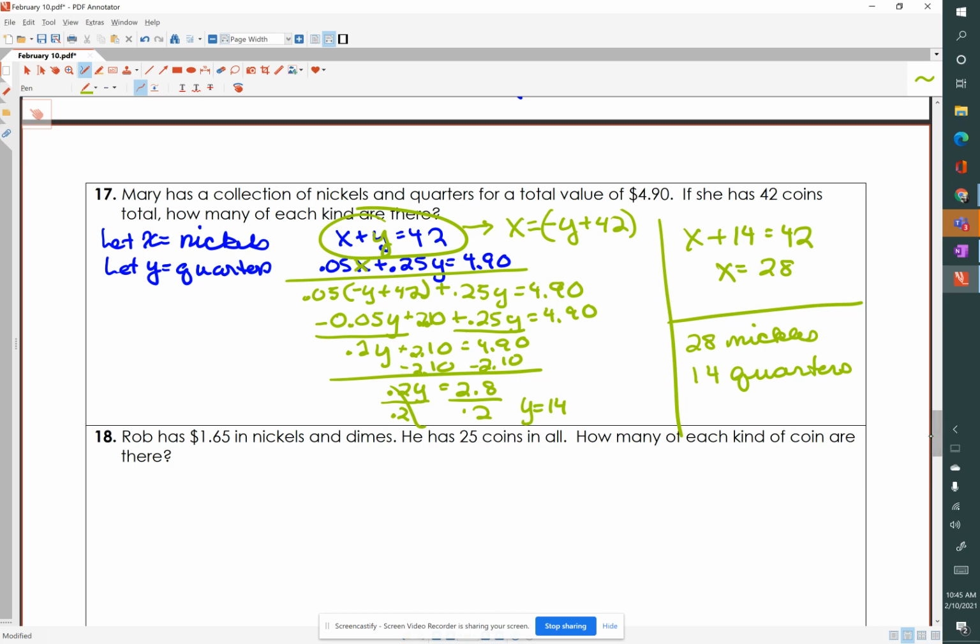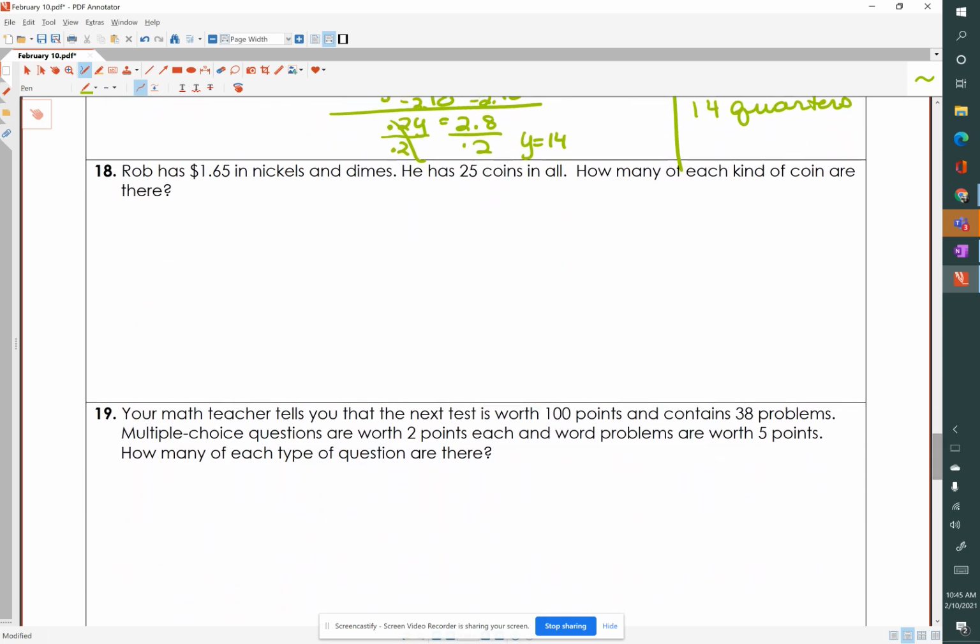Okay, I think I have time to do, I have a class in a few minutes, so I'm not going to be able to do all of these. These are all substitution though, so let's see how far I get. So Rob has $1.65 in nickels and dimes. He has 25 coins in all. How many of each kind are there? So let's let x equal nickels.